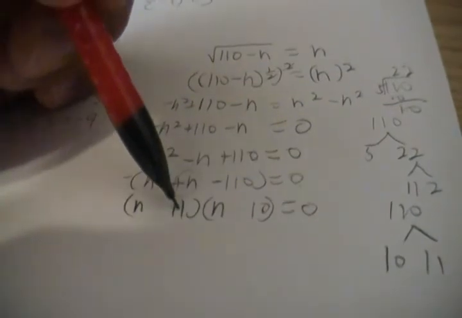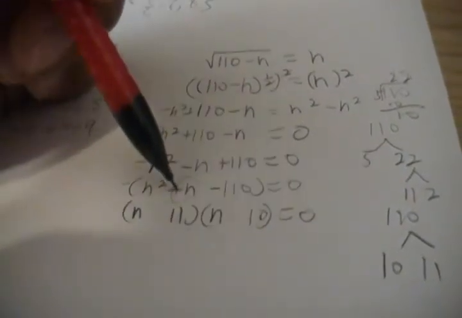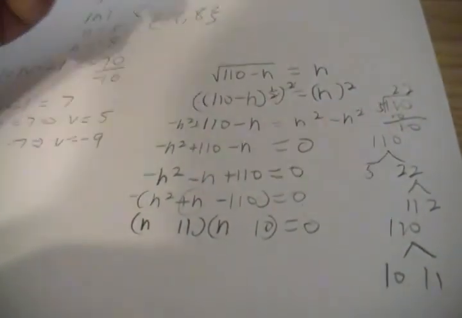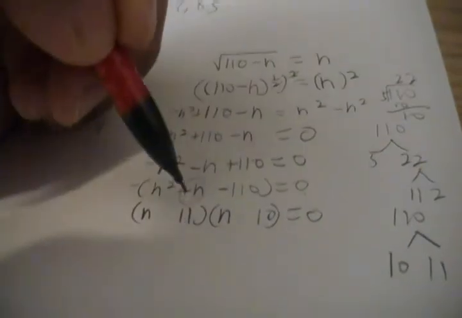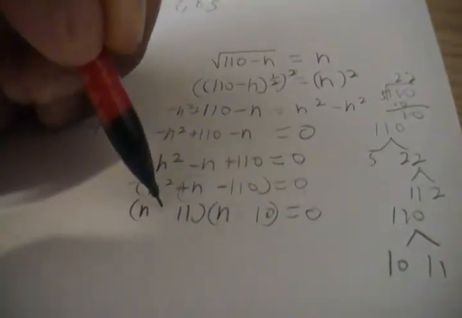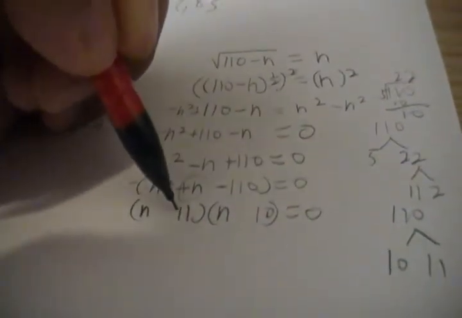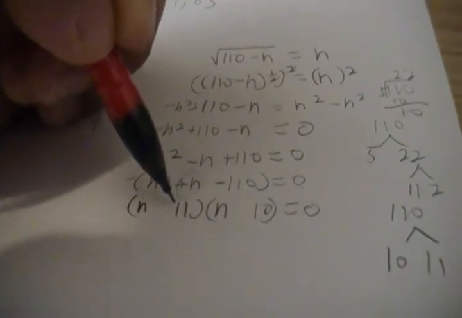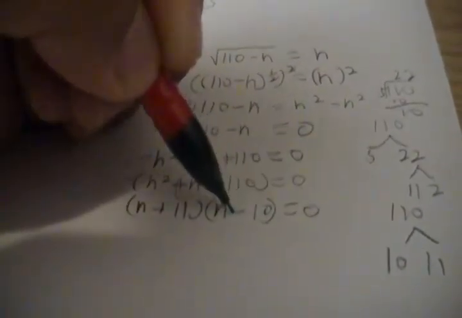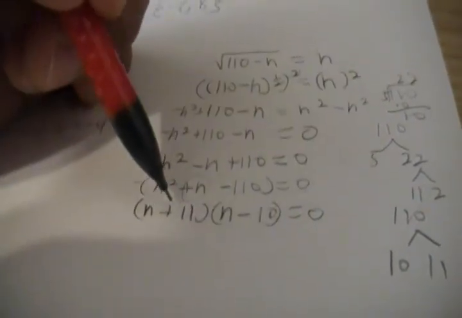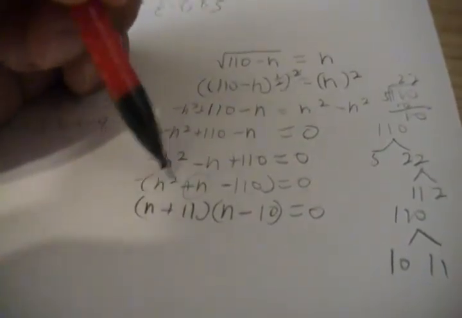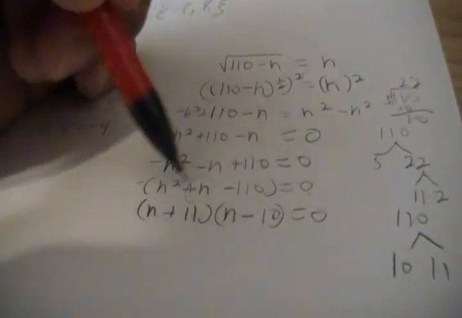When you combine these numbers, they have to equal a positive number. So we put the positive sign in front of the bigger number, which is 11, and we put the negative on the 10.